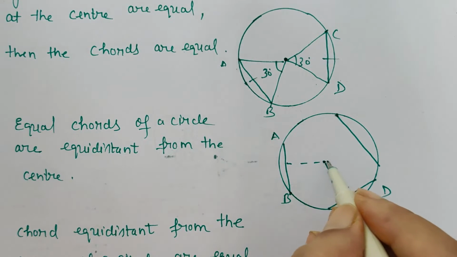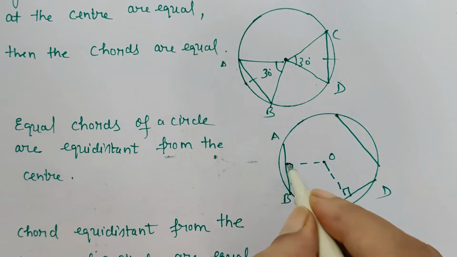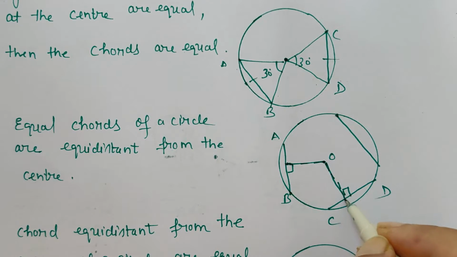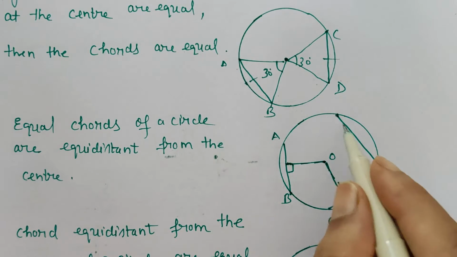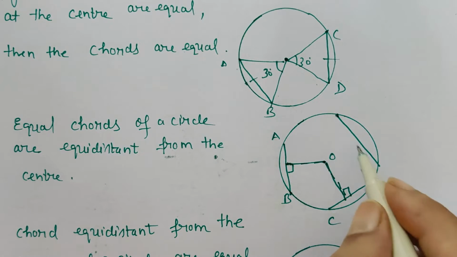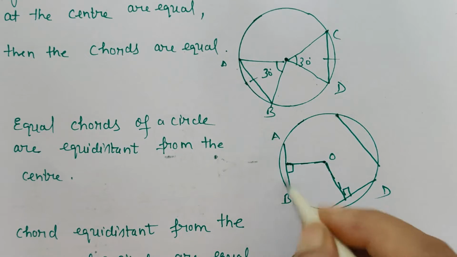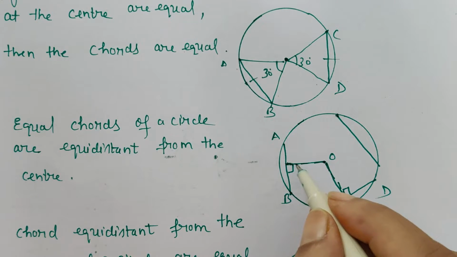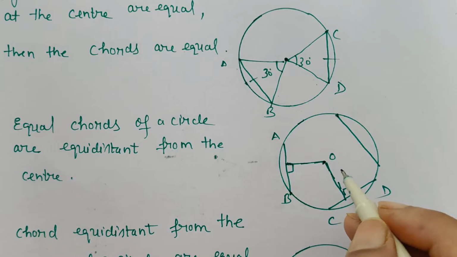Let us say the center is O, then their distance from the center, this length and this length, will also be equal if the chord length is equal. But here this is not an equal length chord, so we cannot say that its distance from the center will also be equal. So equal length chords are at equal distance from the center, and its reverse is also true.